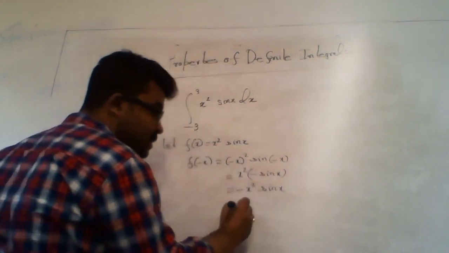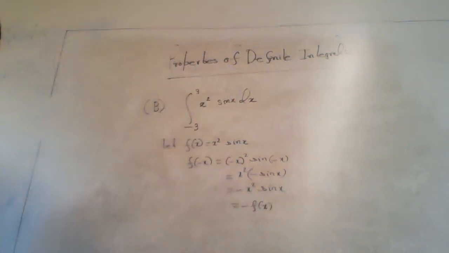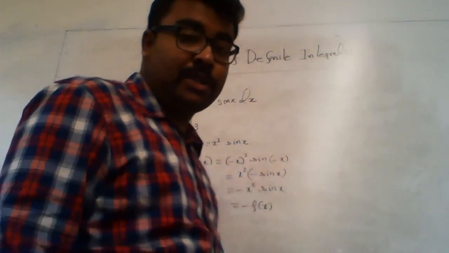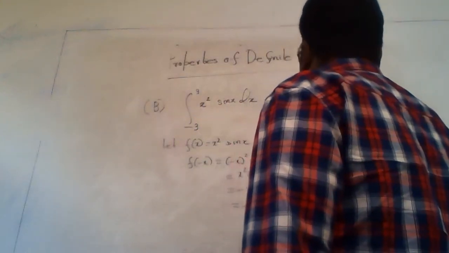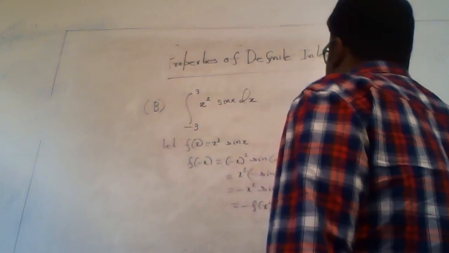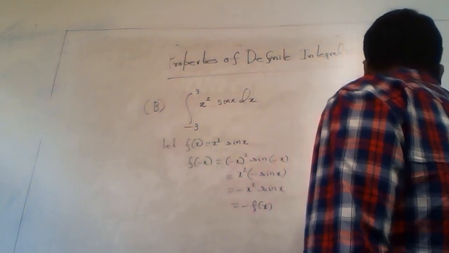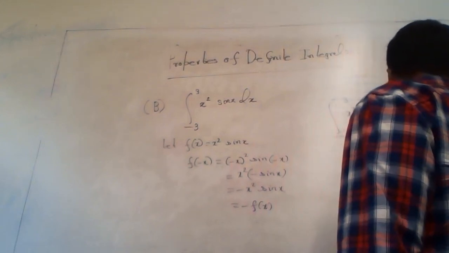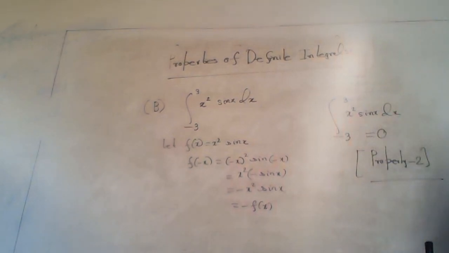That is just minus f x. So I see that f x is an odd function. Since f x is an odd function, by property 2 the value of this integral will be 0. So this follows from property 2 in the properties of definite integral, you can check.